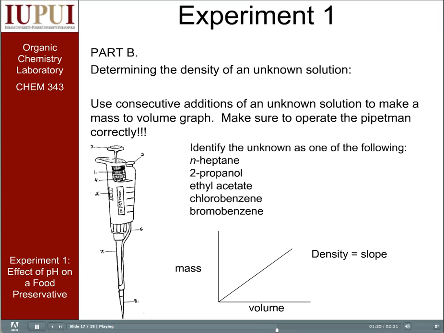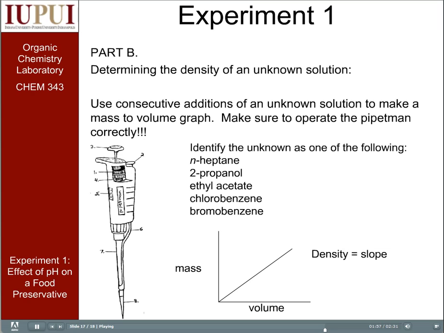So you're going to graph these volume additions by the pipetteman on the x-axis, and then the resulting masses that you get from the balance are going to become the y-axis. So once you've gotten that x and y laid out, you can plot your points, and then the slope of that line is going to be the density.